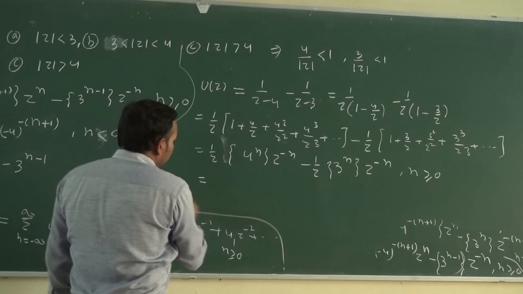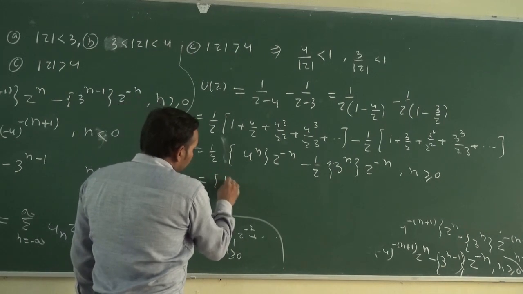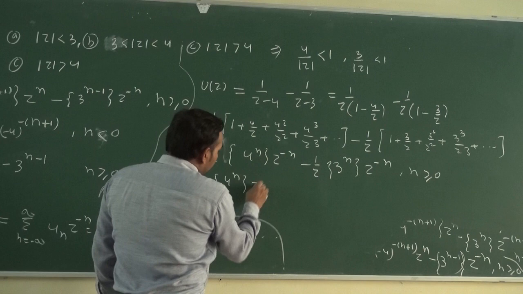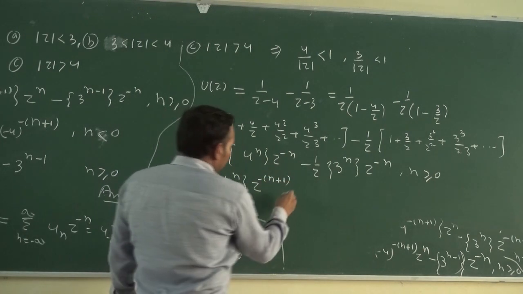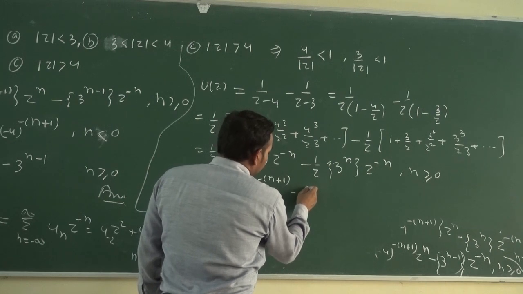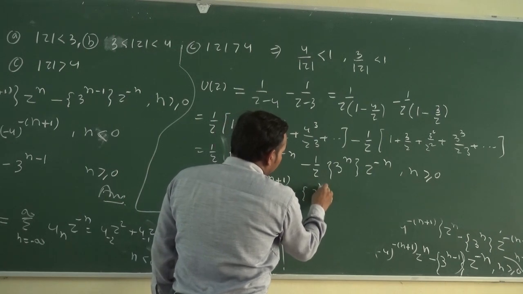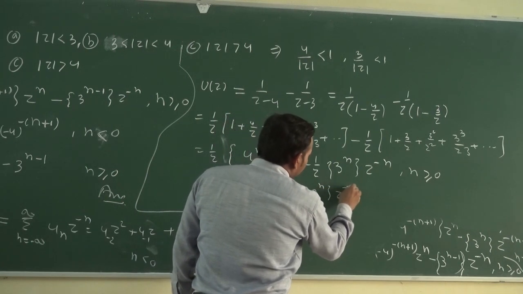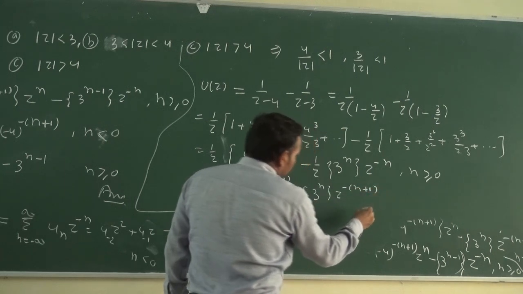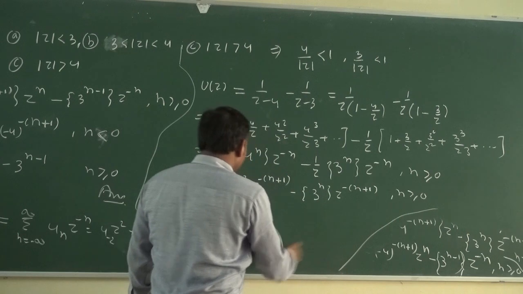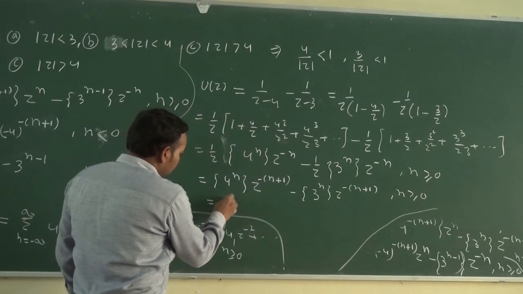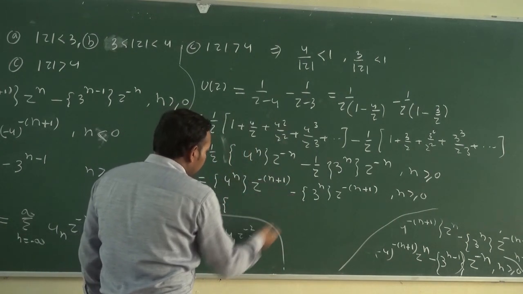So this can be written as 4 to the power n z to the power minus n plus 1, or 3 to the power n z to the power minus n plus 1, for n greater than or equal to 0, or simply replace n by n minus 1.